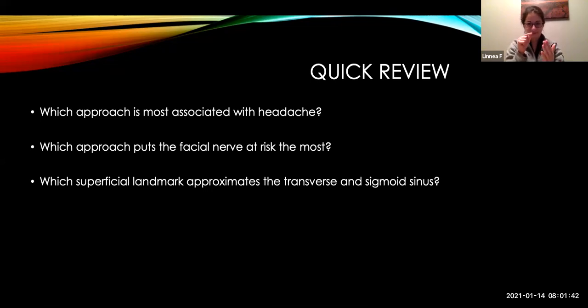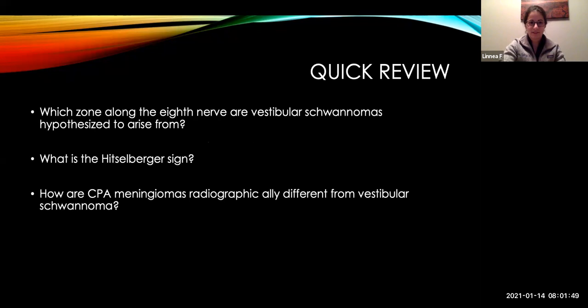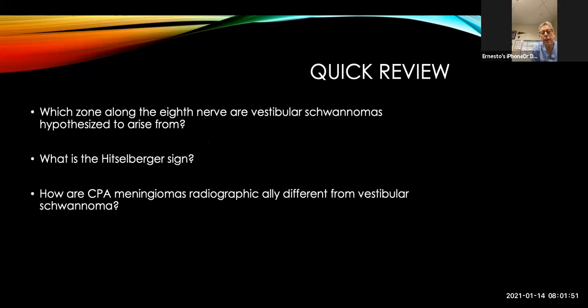So that landmark approximates where the transverse and sigmoid sinus meet. The difference between a retrosigmoid and a suboccipital approach is the proximity to the sigmoid. Neurosurgeons will go back a lot further to avoid the sigmoid. As a neurotologist, you'll identify the sigmoid and decompress it, because the closer you can get to where you want to be, the easier it is.